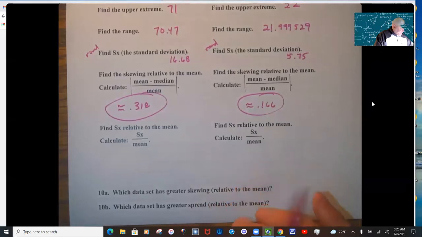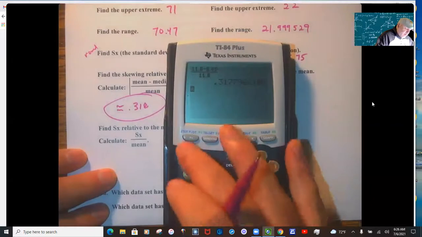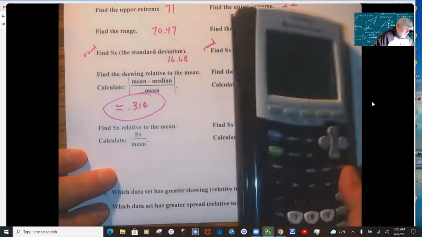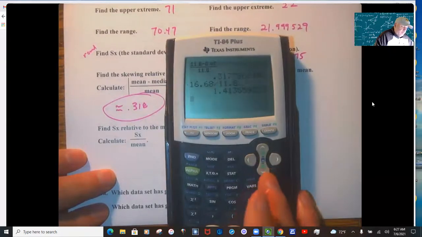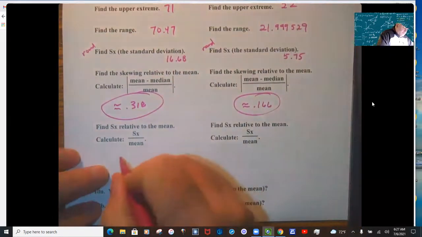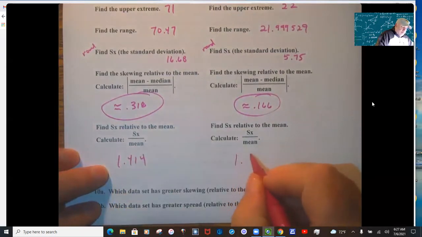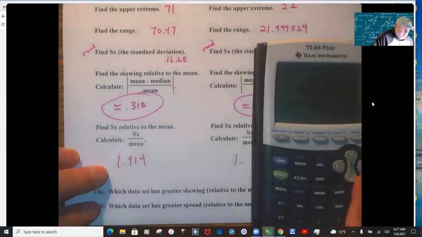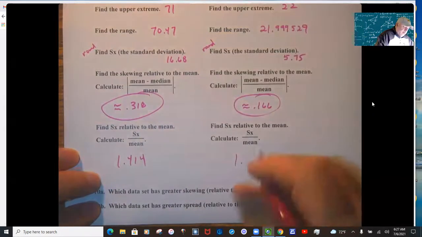And then on the second one, you can just use your straight division tool here, divided by the mean. So that's 1.414. And then this is 1.04. Let's do this. 5 divided by 1.040, I guess.